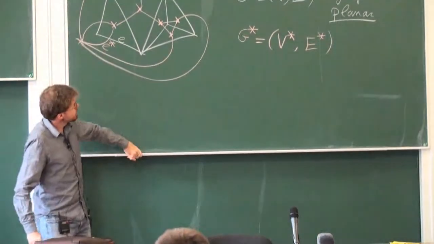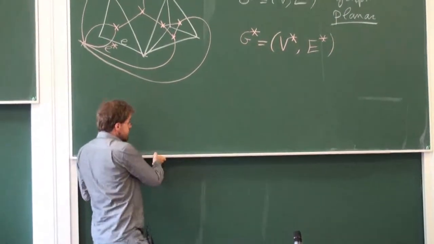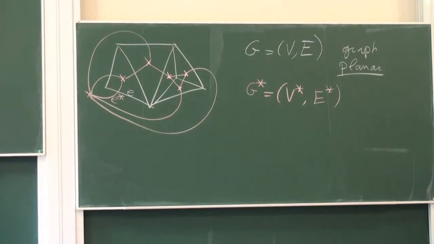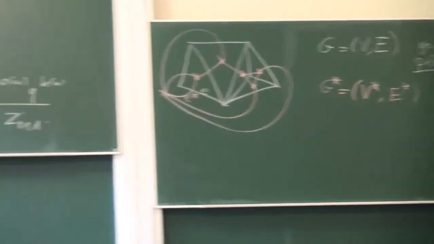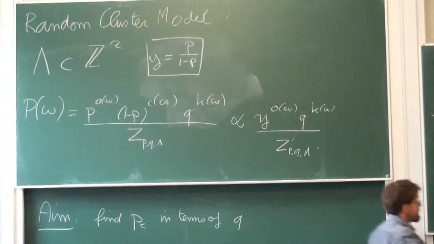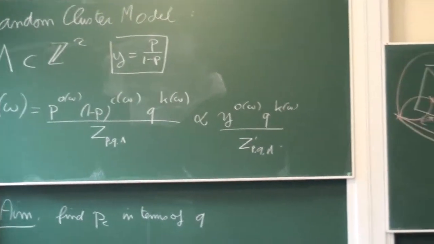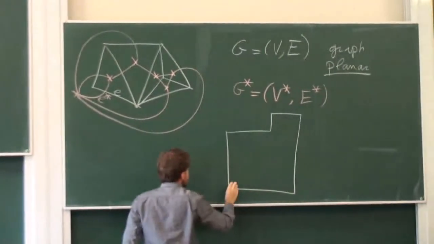So in the case of the square lattice, we will want to do the same construction. We had a finite domain lambda in Z2, and that gave us some subgraph of Z2, which was a domain like this.